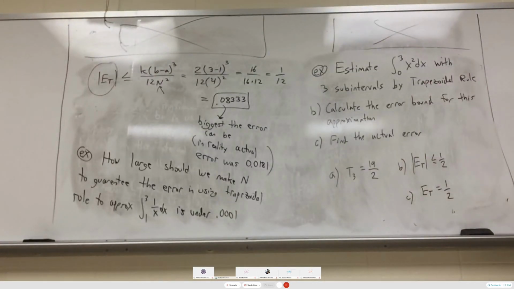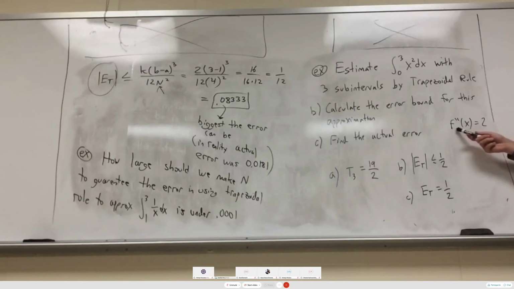So you should be finding that the second derivative here is literally 2. This is an interesting case where any value of x you plug in gives always 2, so the max is 2. That's the reason the error bound ends up being exactly the error.